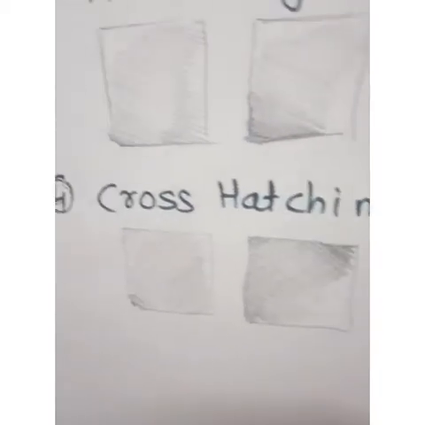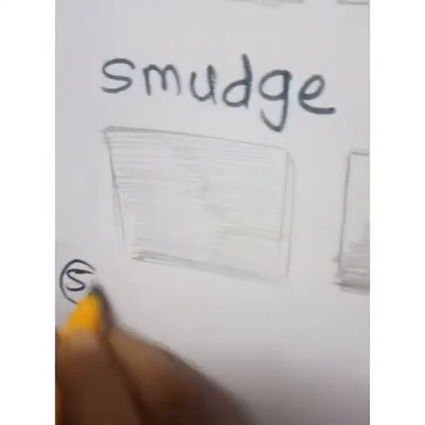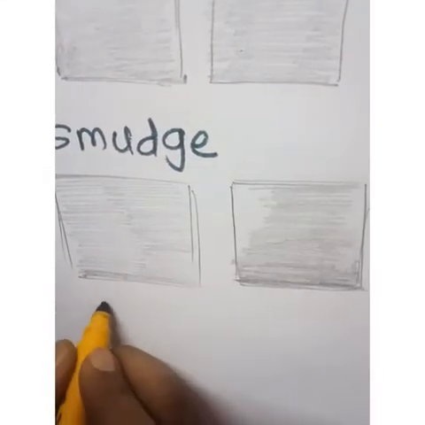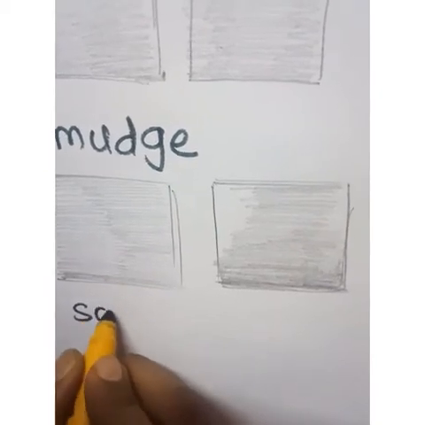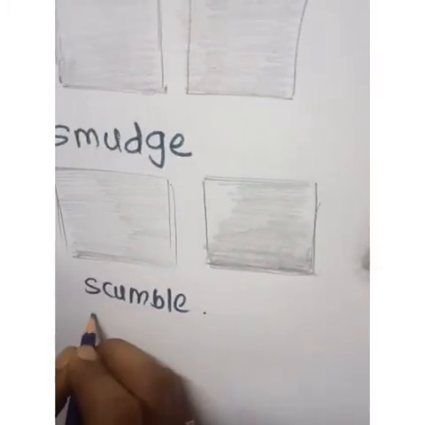Now the fifth one is scumble. Now for scumbling, you're going to make two boxes like this again.